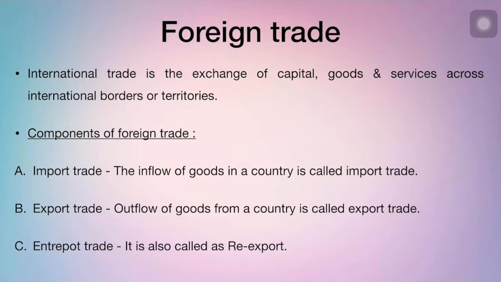We are going to import the same goods from Nepal and then ship or export them to Sri Lanka. Let me repeat that. We are importing the goods from Nepal and exporting the same goods to Sri Lanka. Is that clear? In short, it is called re-exporting. So these are the three components of foreign trade.